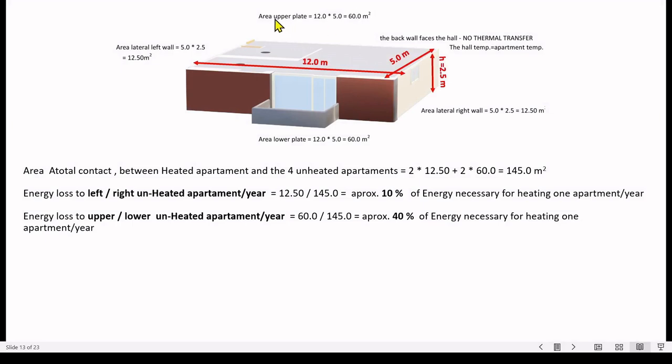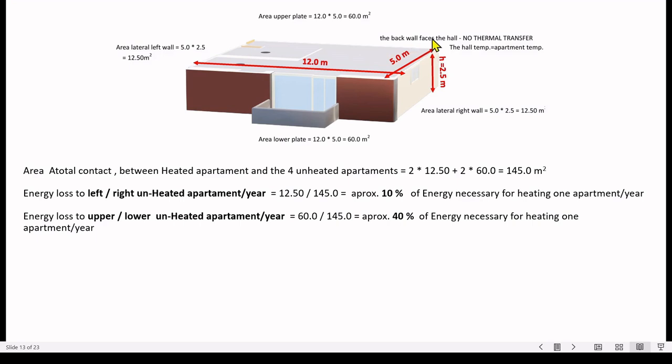Here is an example of an apartment. Here is the front face to the outside, which has a length of 12 meters. Here are the lateral walls, which have 5 meters. The height is 2.5.